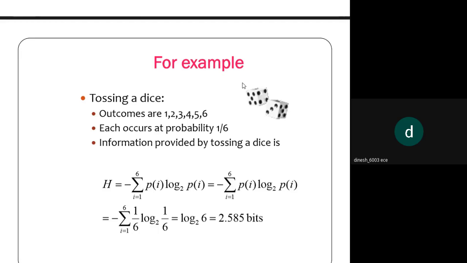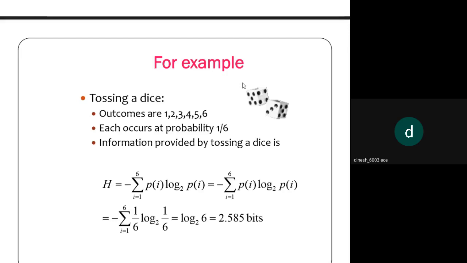So how do I calculate the entropy for this? Use the formula H of X is equal to the summation where i varies from 0 to, we don't have 0, sorry, since it starts from 1, so 1 to 6, p of i log to the base 2 of p of i. When I substitute appropriately, I get 1 by 6 log to the base 2 of 1 by 6, where I do the summation of all the terms.